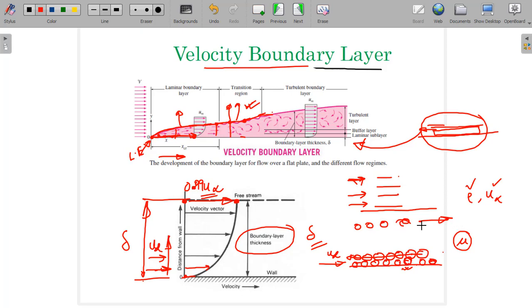So in terms of property, it is the density which is responsible for the inertia, and viscosity is responsible for the propagation, or the diffusion, of the momentum disturbance from one layer to another. So that intermediate layer will take some intermediate velocity.